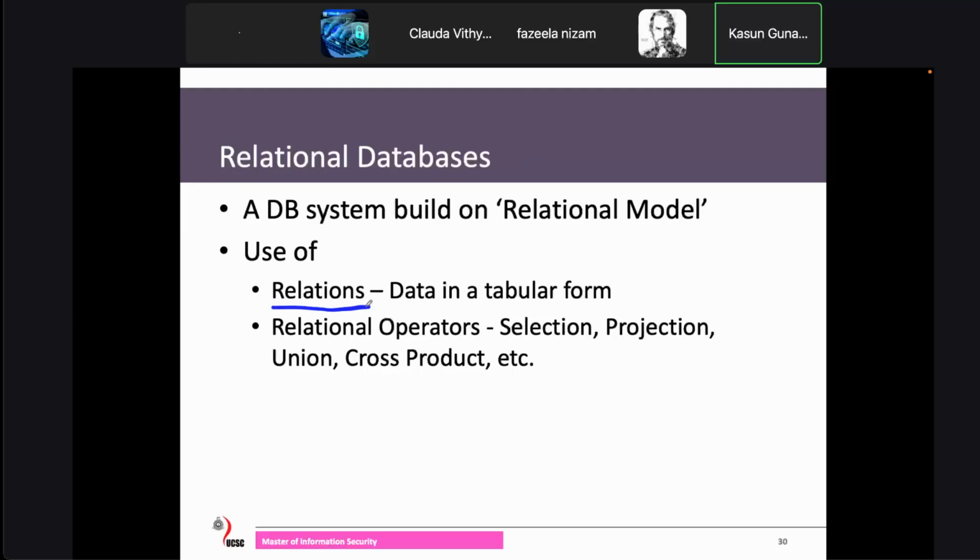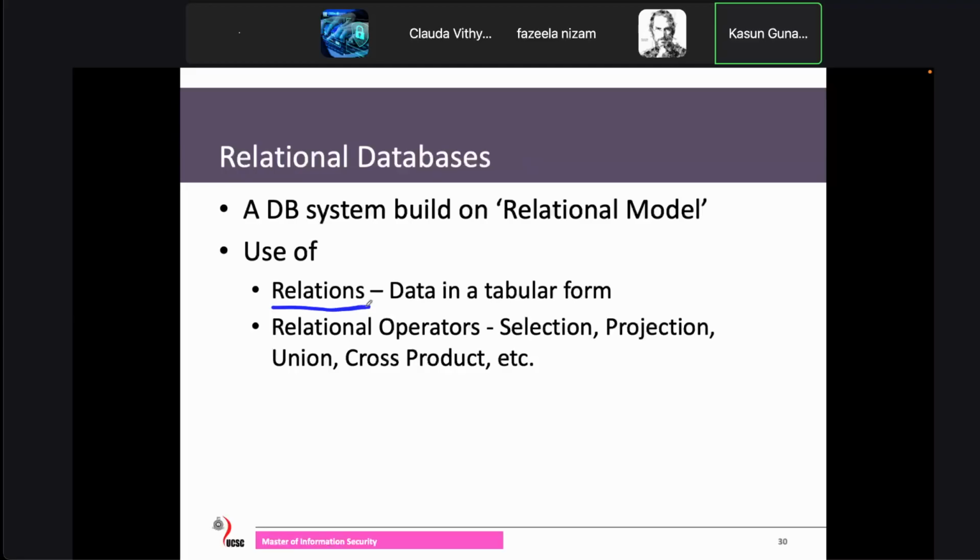In a simple way, we can think of a relation as a table, but actually it's a mathematical concept that is described and defined with the help of set theory.